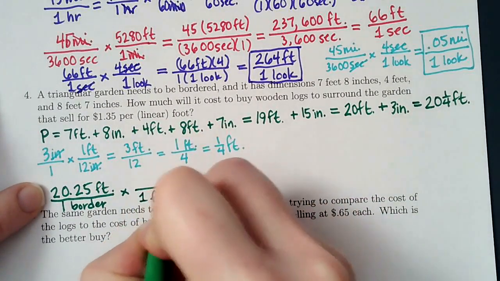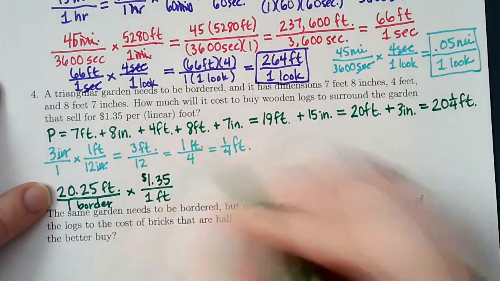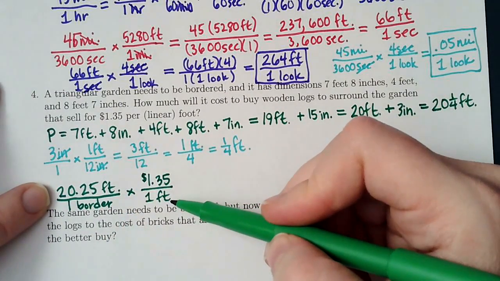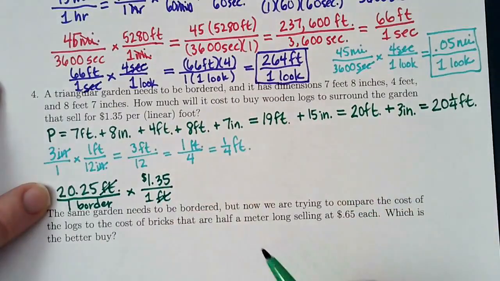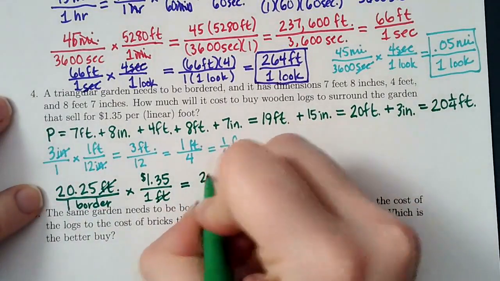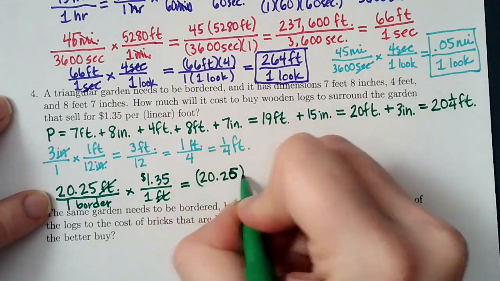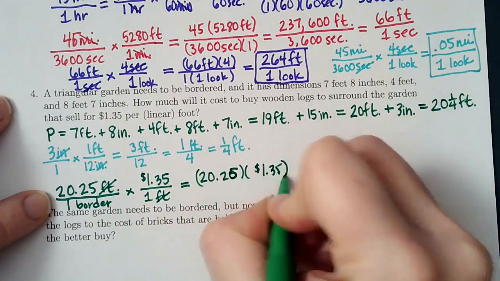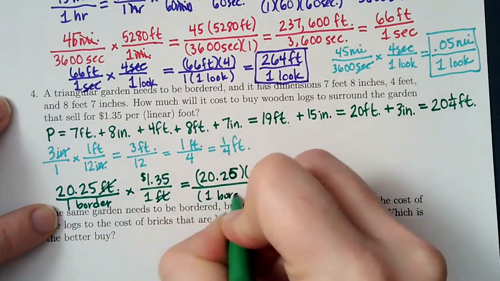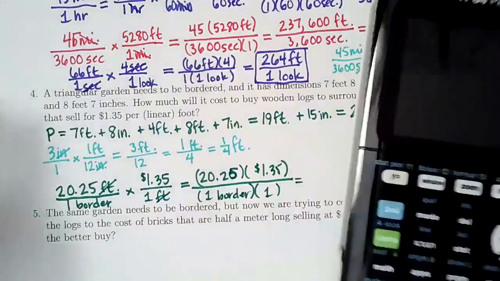So I want the 1 foot to cancel with the other feet, and I want the $1.35 to be in the other spot. So our ratio is $1.35 for each 1 foot. These feet will cancel. And now we are multiplying 20.25, no feet, times $1.35 in the numerator. And in the denominator, we have 1 border times 1.